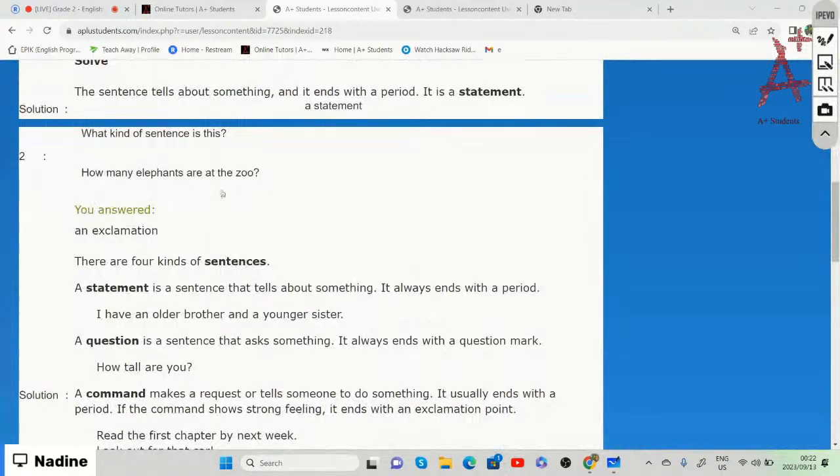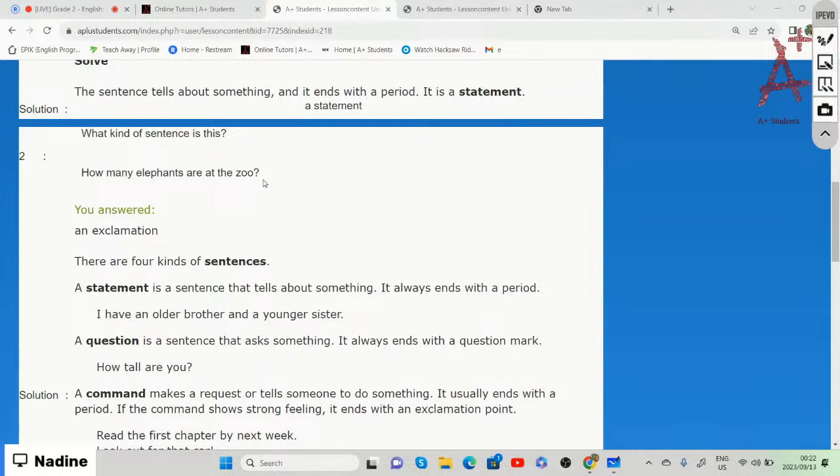How many elephants are at the zoo? We need to say what kind of sentence this is. It ends with a question mark. So if our sentence ends with a question mark, which kind of sentence is it?